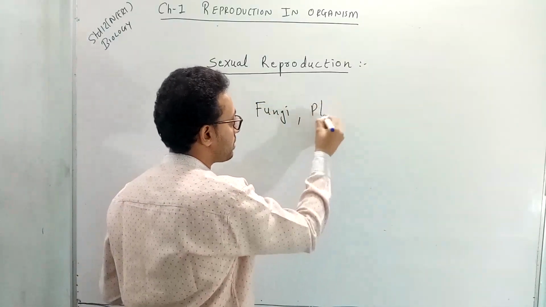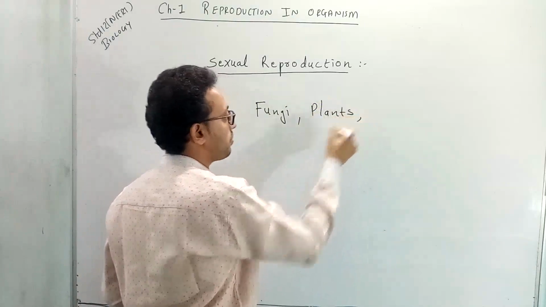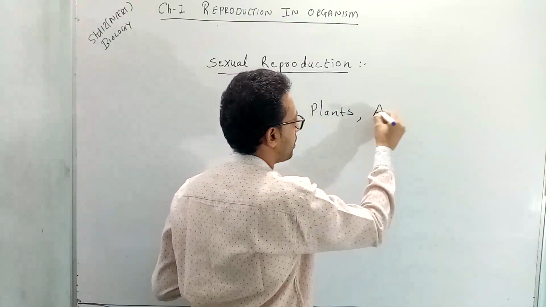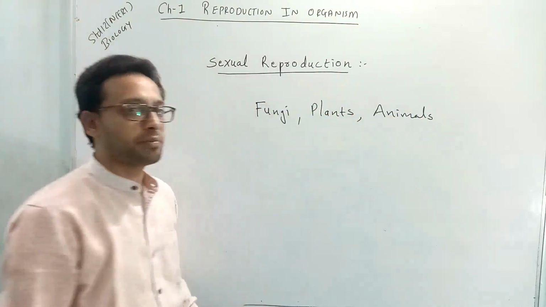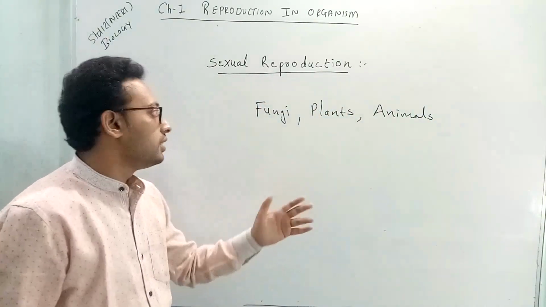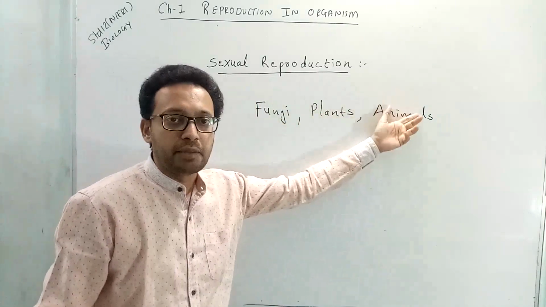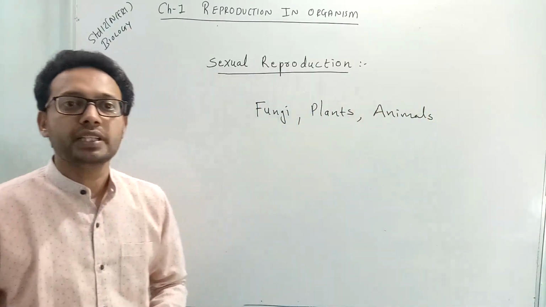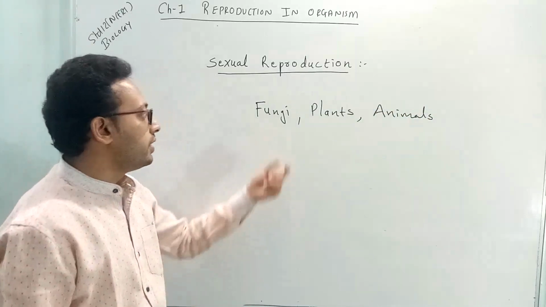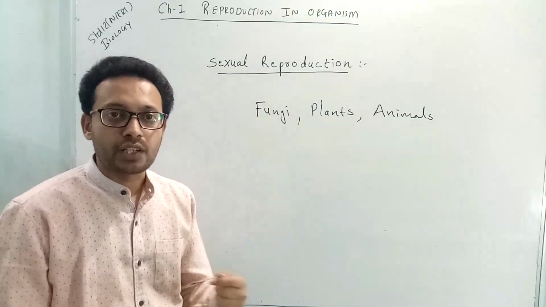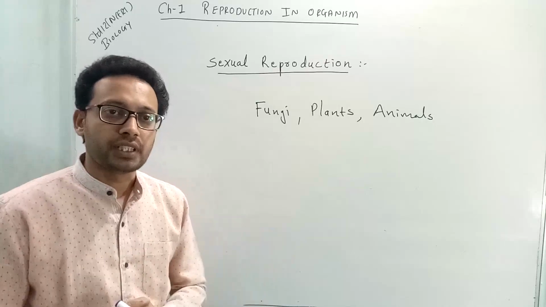Plants, being higher organisms, can also perform sexual reproduction. Or animals, the higher order of animals, can perform sexual reproduction. We have learned about fungi, plants, animals and other living organisms in the 11th standard, their morphology, anatomy, physiology, etc.